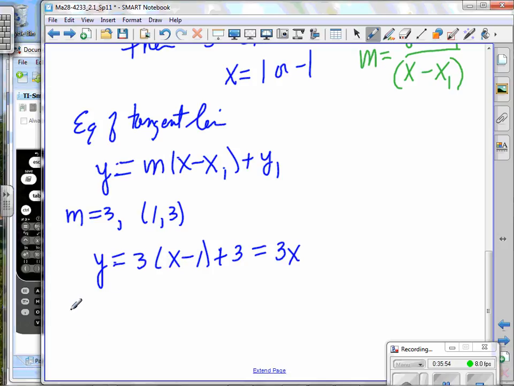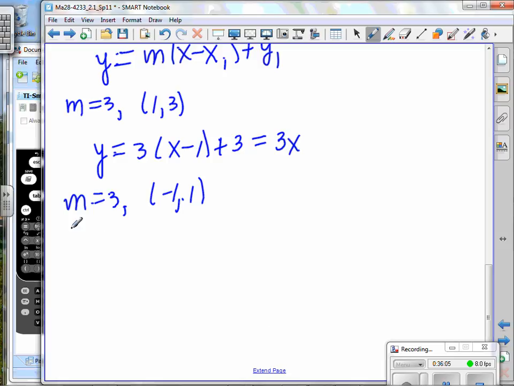Okay. And for the slope of 3 and the point (negative 1, 1), we have y equals 3 times the quantity x minus a negative 1. Don't forget, that's going to make that a plus 1, or simply 3x, and then what? Careful.